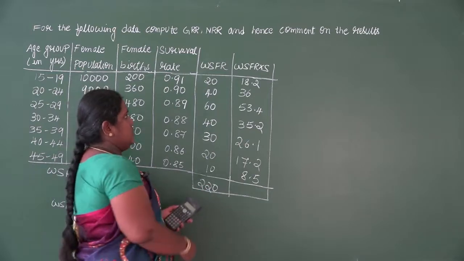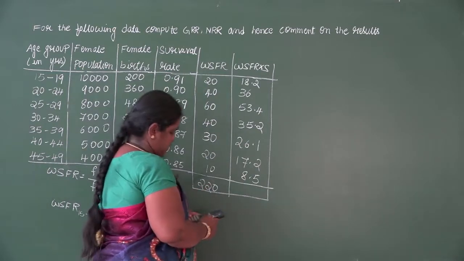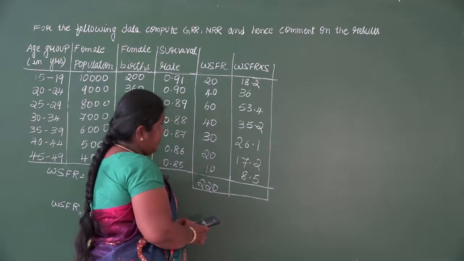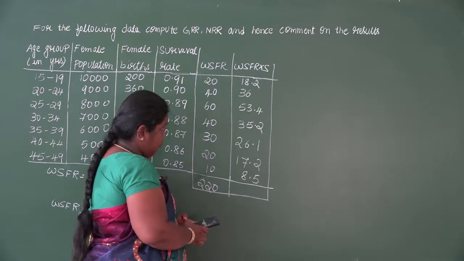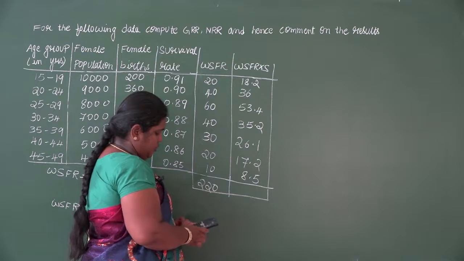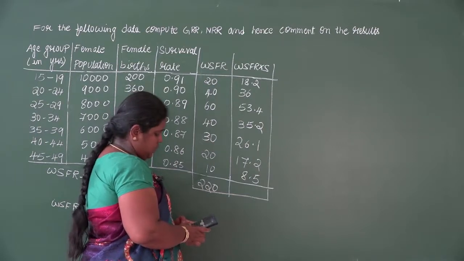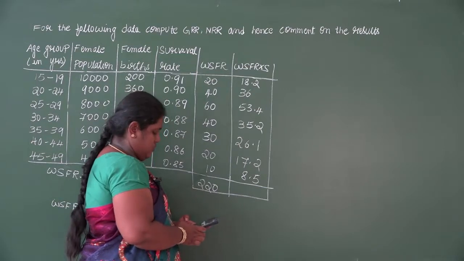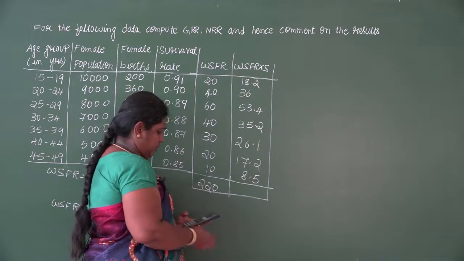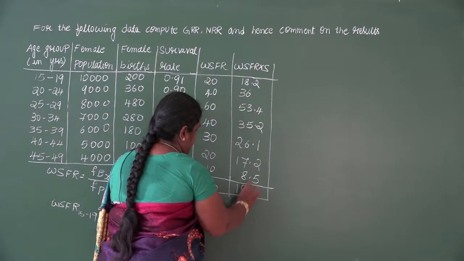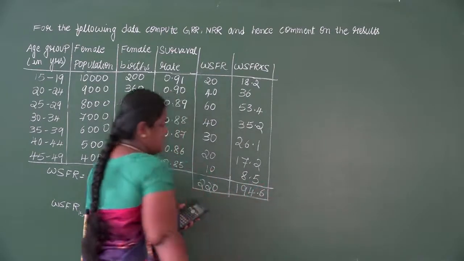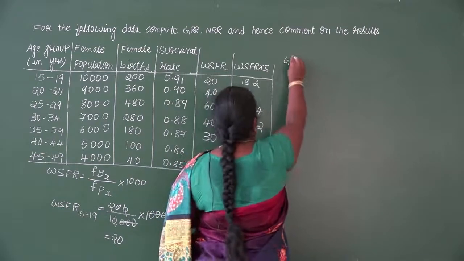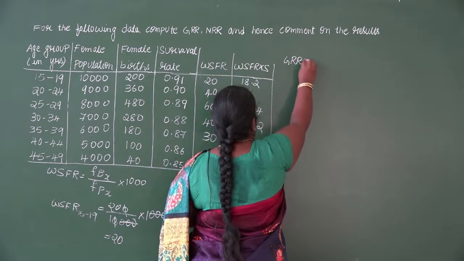Then add WSFR into S. It is 18.2 plus 36 plus 53.4 plus 35.2 plus 26.1 plus 17.2 plus 8.5. We'll get 194.6. Then multiply it, find out GRR and NRR.